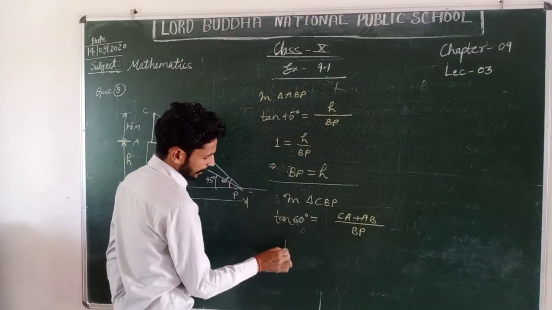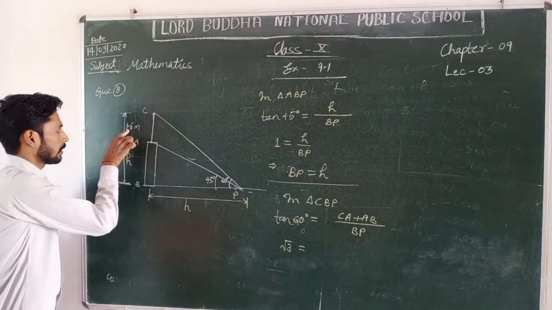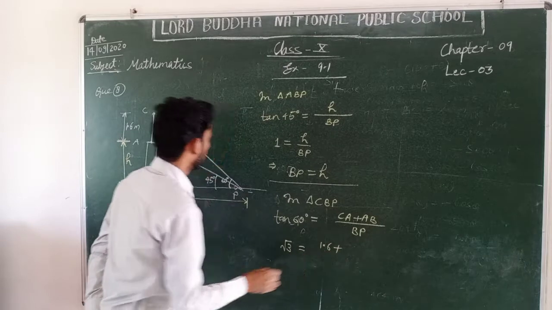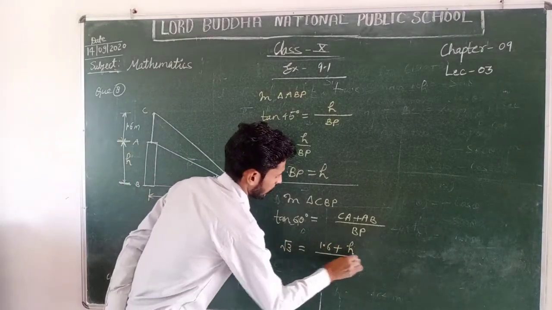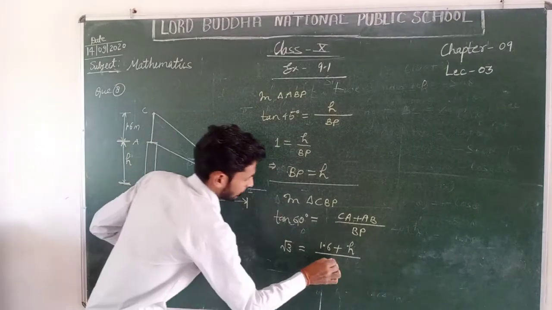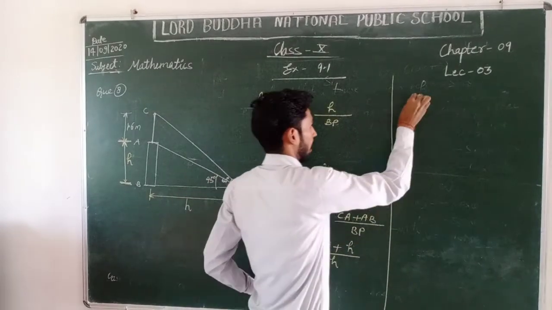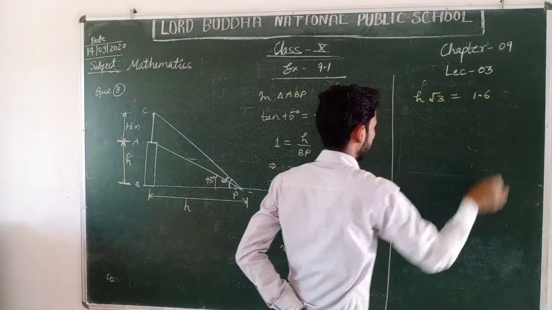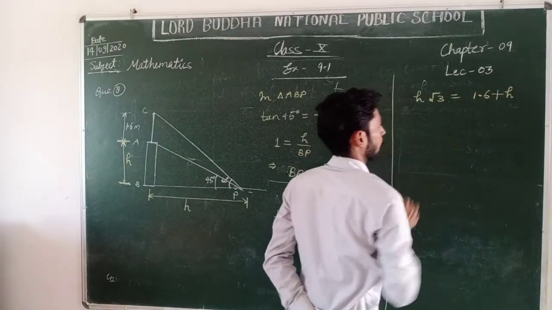Okay, tan 60 degree equals root 3, that is equal to what is the value of CA, that is 1.6. So write here 1.6 plus what is the value of AB, that is h, divided by what is the value of BP, that is also h. So write here h. Now h root 3 equals 1.6 plus h.